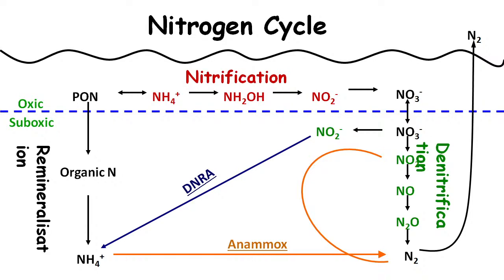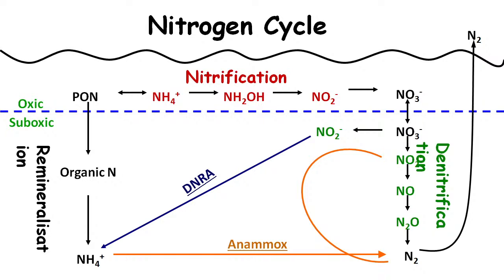So the ocean is losing N. On one hand, the surface layer does not have enough nitrate for the productivity to support, and on the other hand, through this process, the N2 is being lost into the atmosphere. So if there is an imbalance in this process, then it may hamper the productivity on a longer time scale.